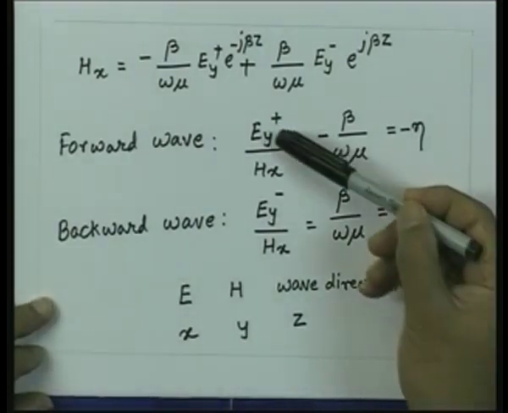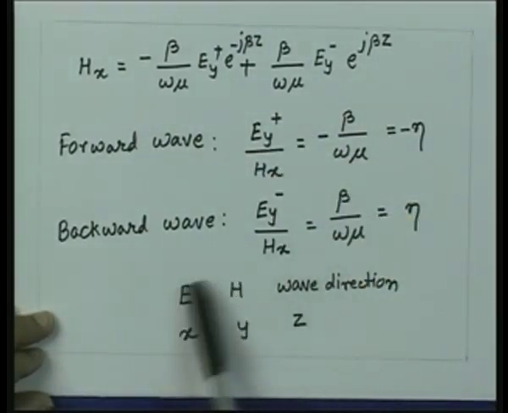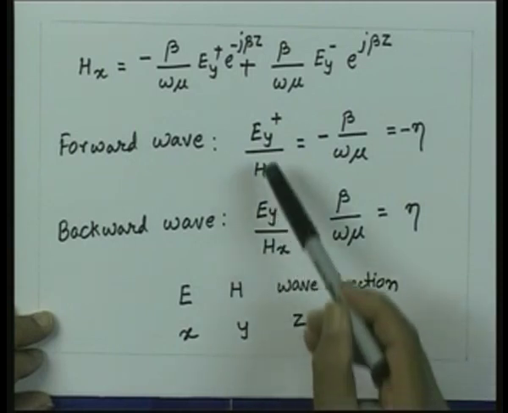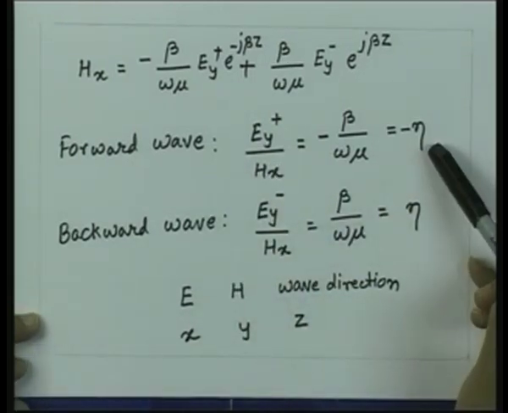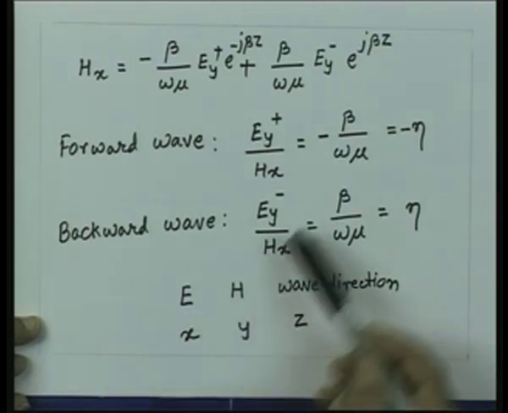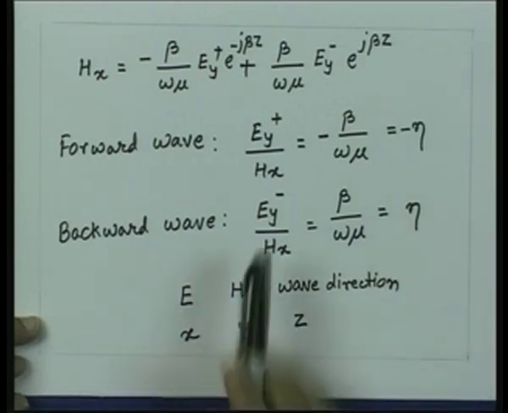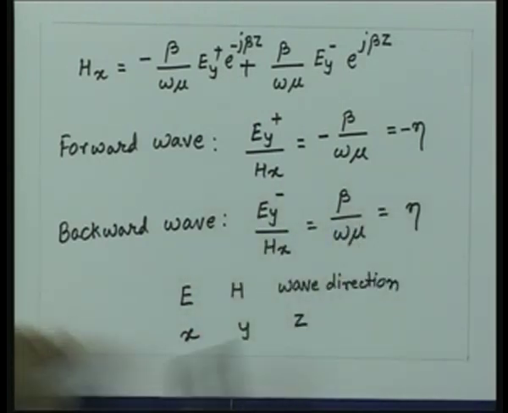So, the ratio which we are seeing for the electric and magnetic fields, if it follows this sequence, then the ratio of electric and magnetic field is positive intrinsic impedance. If we go against the sequence, then the ratio is negative intrinsic impedance for the forward travelling wave, and the opposite will be true for the backward travelling wave.